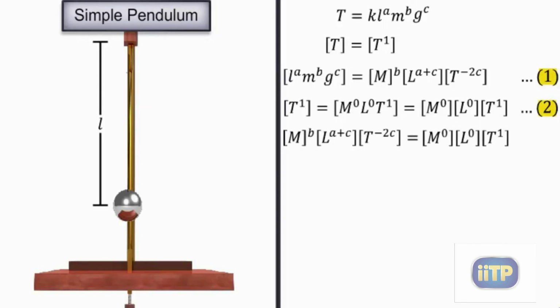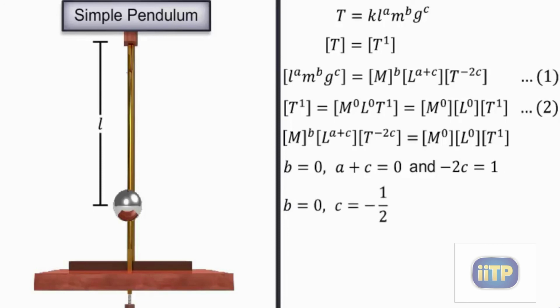Thus, we get B equal to 0, A plus C equal to 0 and minus 2C equal to 1. On simplification, we get the values of B equal to 0, C equal to minus half, and A equal to plus half.